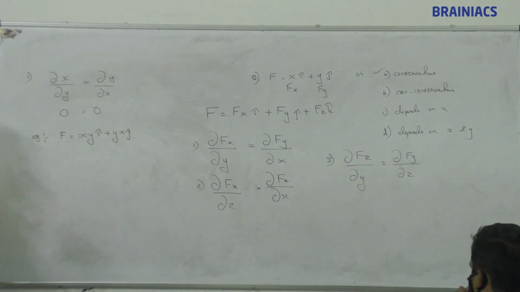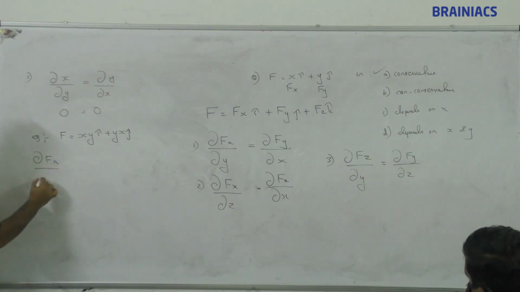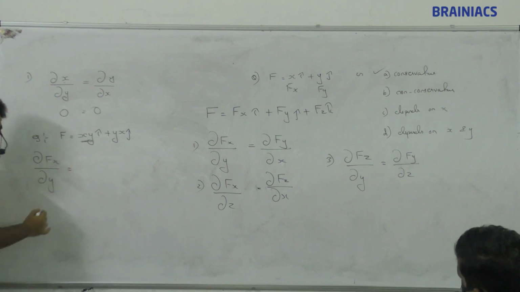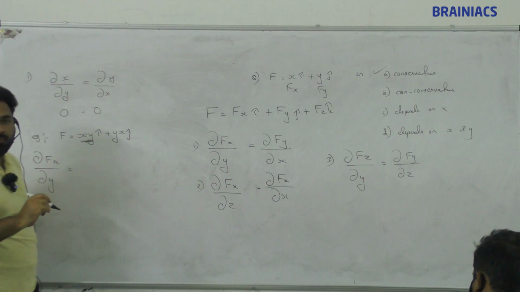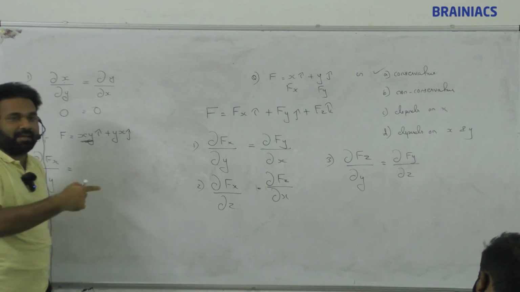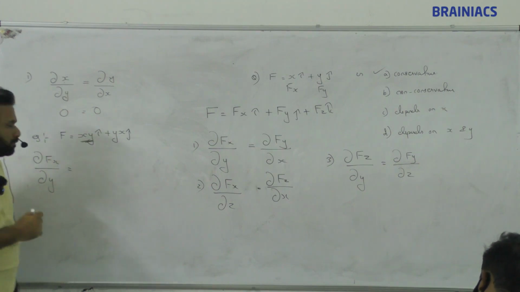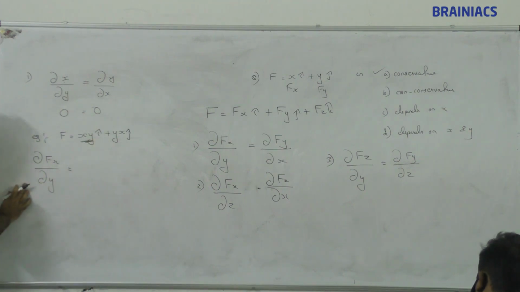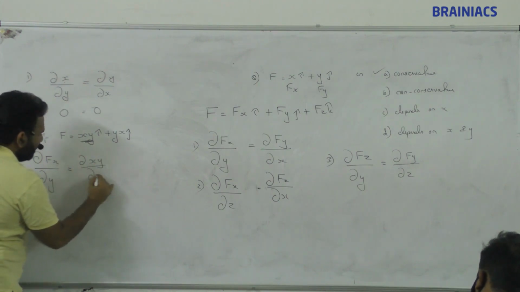If such a function, then ∂Fx/∂y, if I do, what is this? What comes along with i is the force component in the x direction. That is why we are writing Fx. So ∂Fx/∂y is nothing but ∂(xy)/∂y.